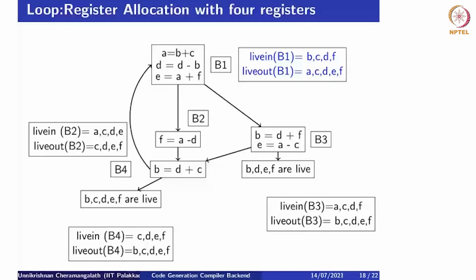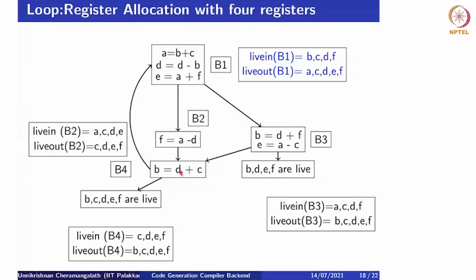So what is the value that you have found out for D? You can see D is defined and it's live on exit. So you have a benefit of 2, that is live out of B1, D is there, and D is defined, so it will have a value of 2. And there is one definition, one use here, and one use here.